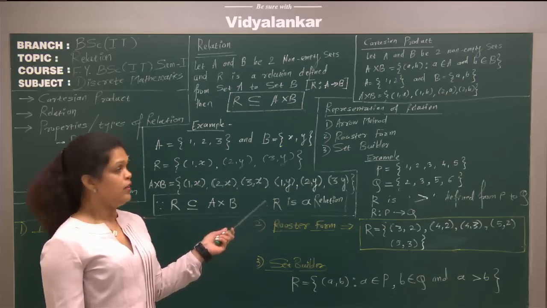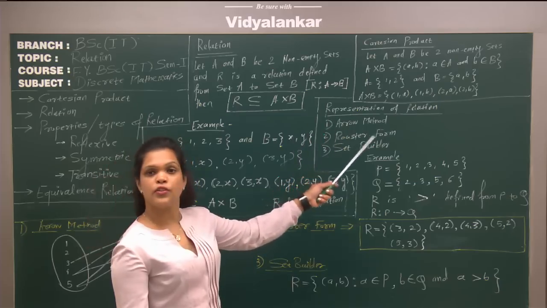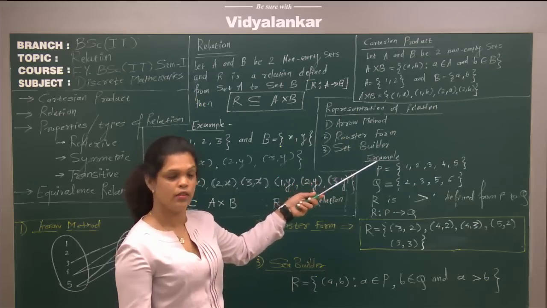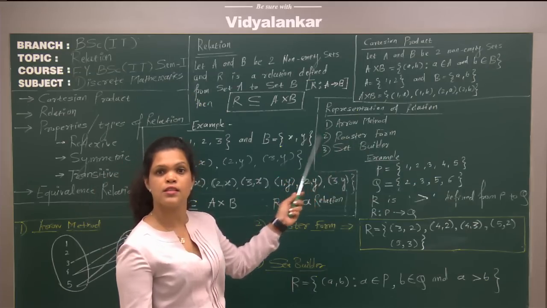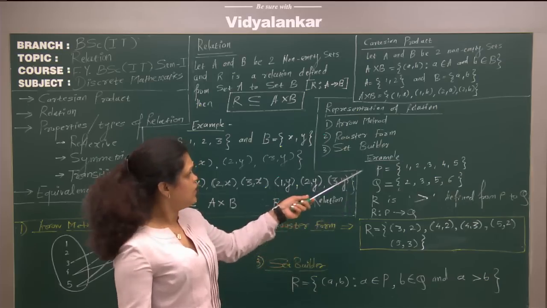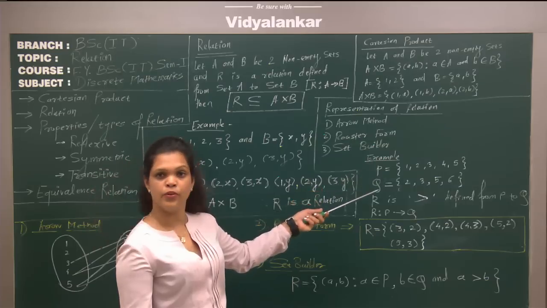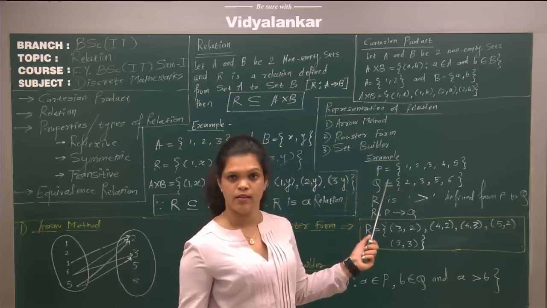Right? Now we'll see another example for representation of a relation. There are a total of 3 methods to represent a relation set. The first is the arrow method, the second is the roster form and the third is the set builder method. In this example, we have two non-empty sets, P and Q. In P we have 5 elements and in Q we have 4 elements.